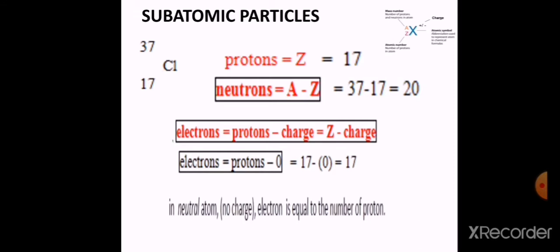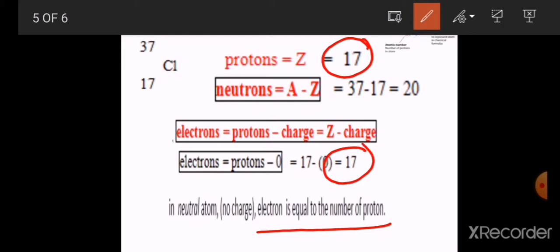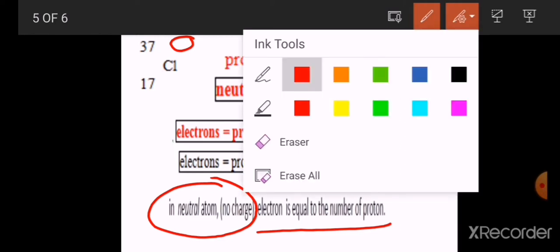So electrons, the number of electrons is equal to the number of protons. So 17 si proton, 17 din si electrons. Bakit? Kasi ang ating example ay isang neutral atom. No charge. Wala siyang charge doon. So equal lang palagi ang kanilang number in terms of protons and electrons.